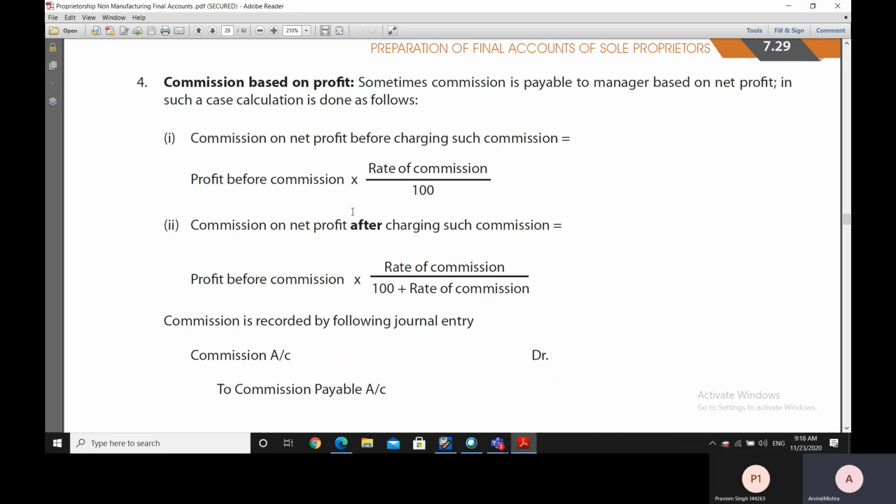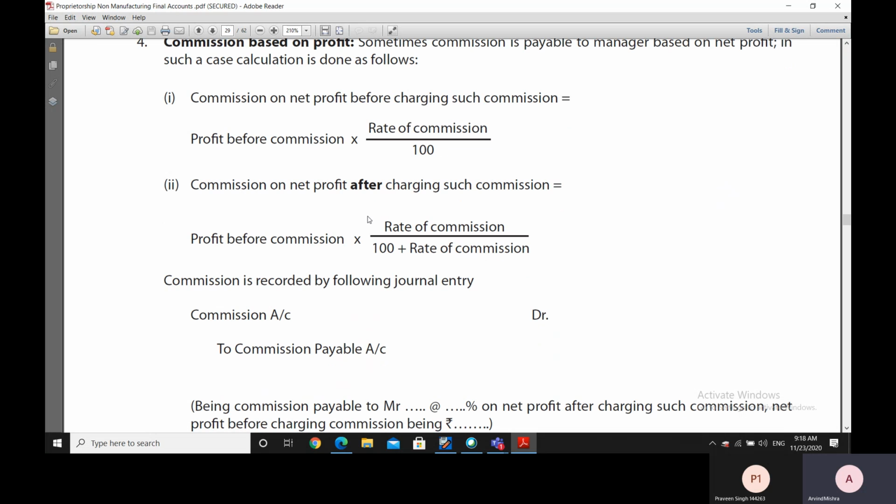In the case of commission on net profit before charging commission, that is very easy. Just apply the rate to the profit before the commission. And in case the commission has to be calculated on the basis of net profit arrived at after charging commission, then we have to apply this formula.